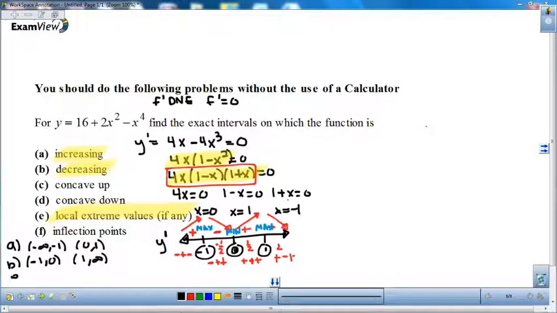Part E says the extreme values. The extreme values are actually the y values. So I know where they occur. I'm going to substitute negative 1, 0, and 1 into the original equation. So when x is 1, this is going to give me my y value.